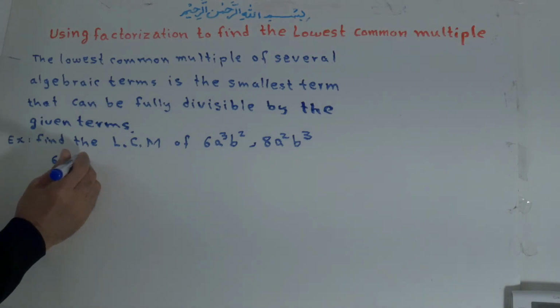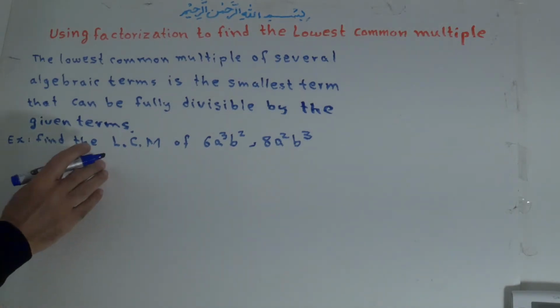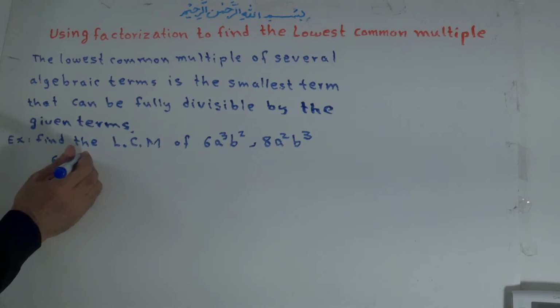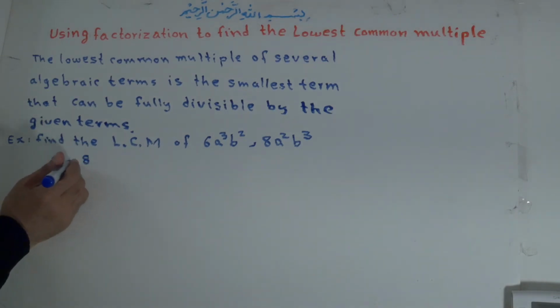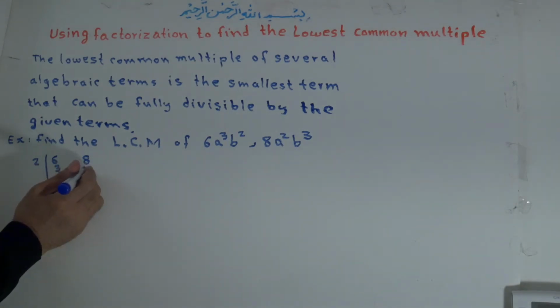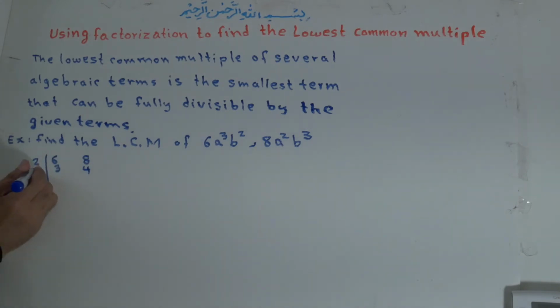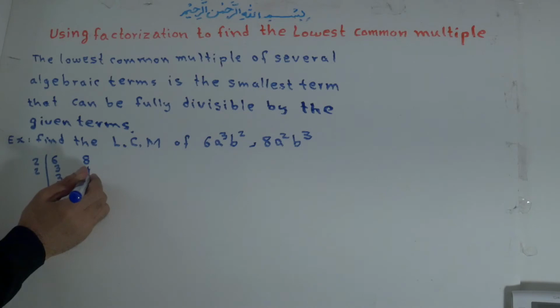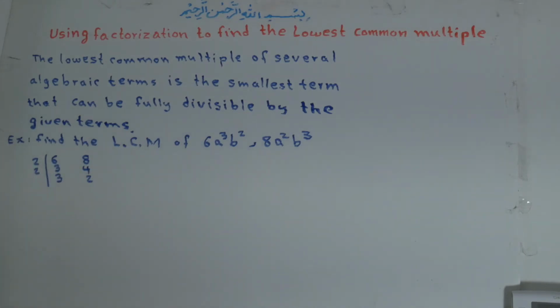Now we start from the smallest divisible number. The smallest divisible or prime number is 2. Now 6 divided by 2 is 3. 8 divided by 2 is 4. Now again 2. We continue with 2 as long as at least one of these numbers is divisible by 2. 3 itself, 4 divided by 2 is 2.